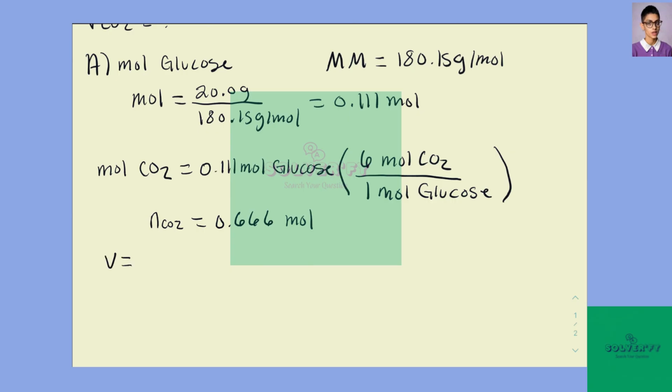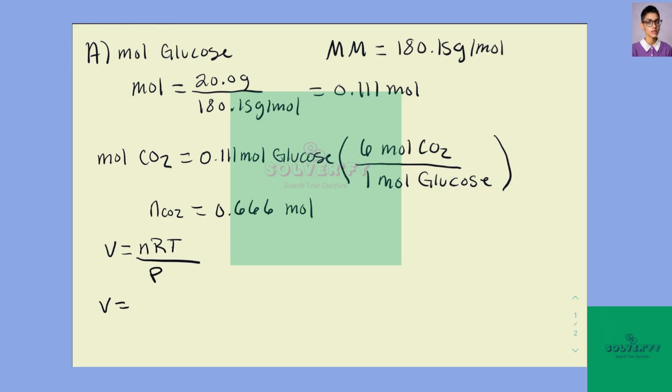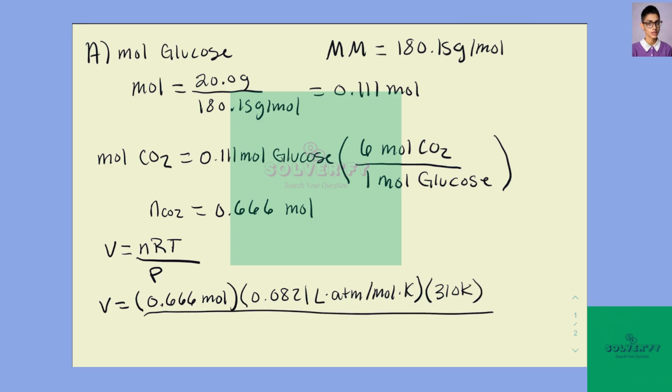Alright, so now we just need to find the volume of CO2. So volume is equal to moles times our R value times our temperature divided by our pressure. So our volume is equal to our moles of CO2, 0.666 moles, times our R value, which is 0.0821 liters atmosphere per mole Kelvin, times our temperature, 310 Kelvin, and we're going to divide that by our pressure, 1.03 atmospheres.